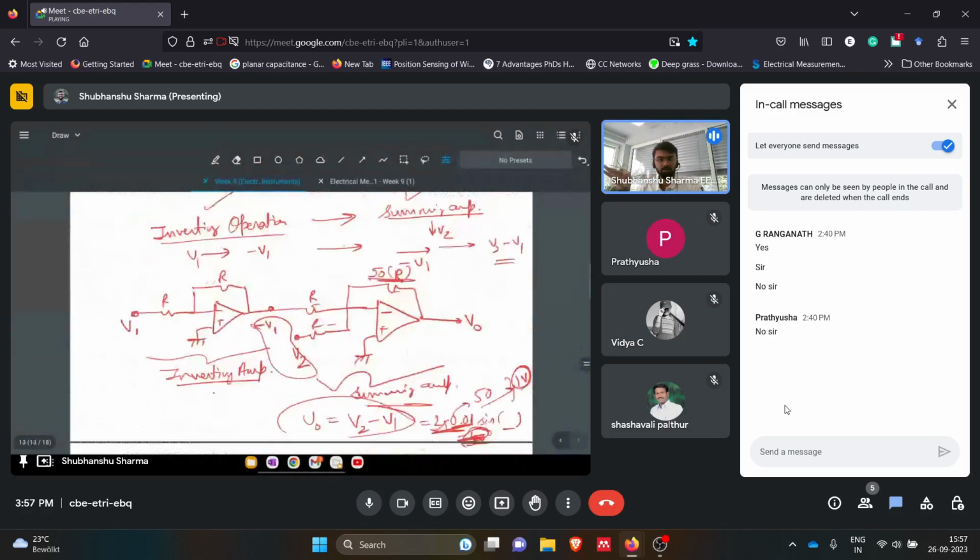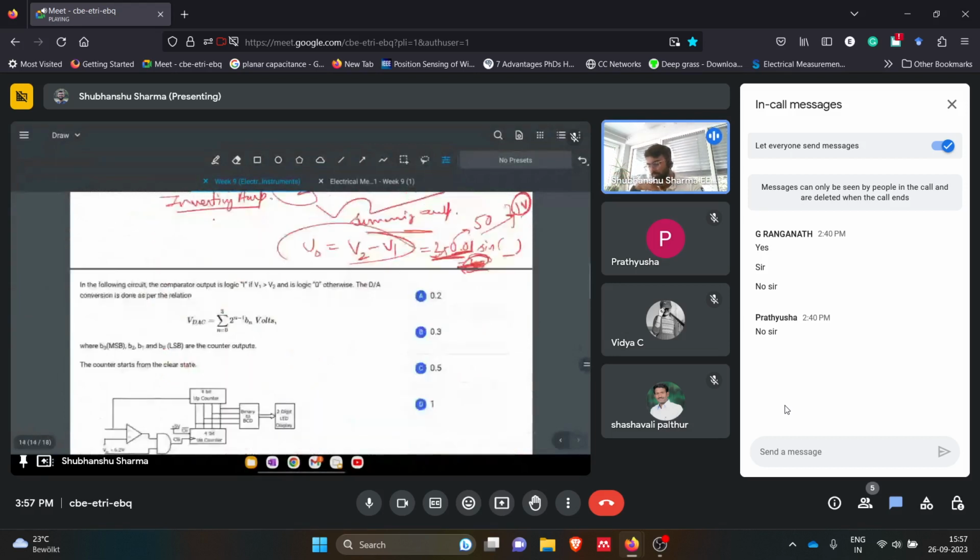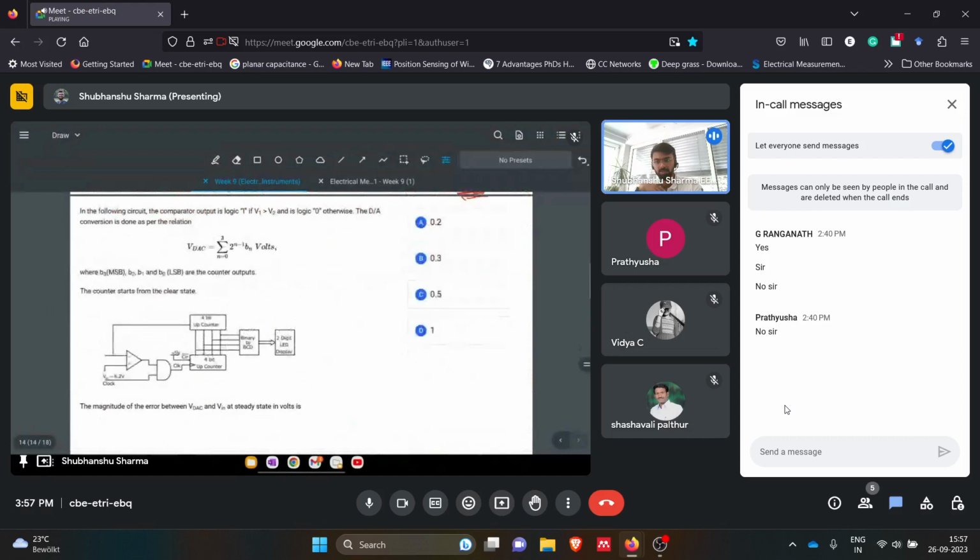Okay, now we are done with the op amps. I think we have done a lot of questions on op amps. Now let's see some of the ADC and DAC questions. So one question is this. In this question, there is an op amp, then an AND gate, then it is fed to the clock of this 4-bit up counter, and this 4-bit up counter is fed back to the op amp.